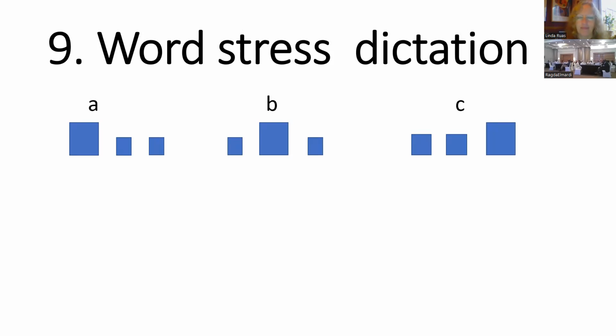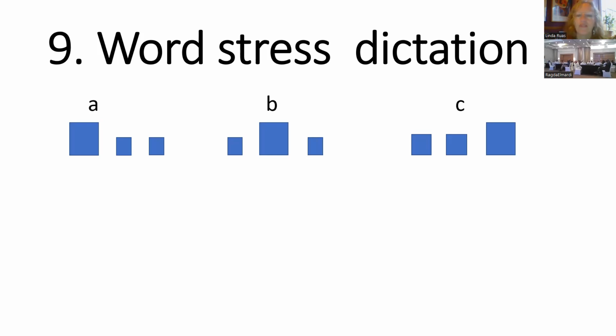And I'm going to dictate some words, and you have to put them in the column you think they go in. So these columns are the stress pattern. There are 3 syllables in each word, but the stress is different. In A, the stress is on the first syllable. In B, the stress is on the second syllable, and C, the stress is on the third syllable.